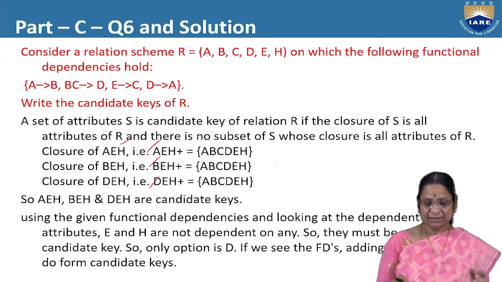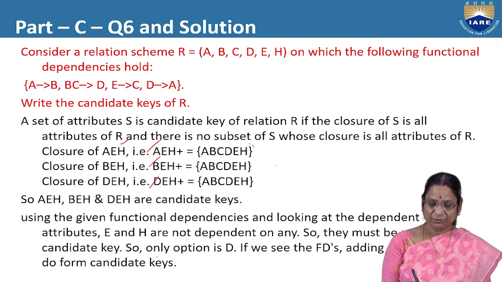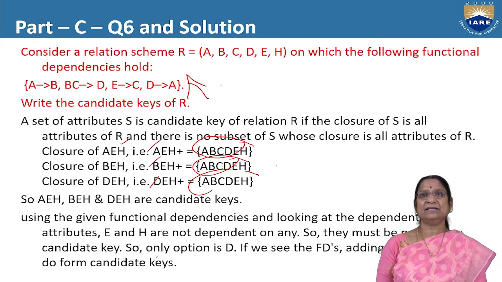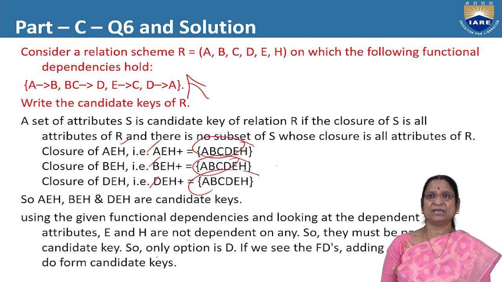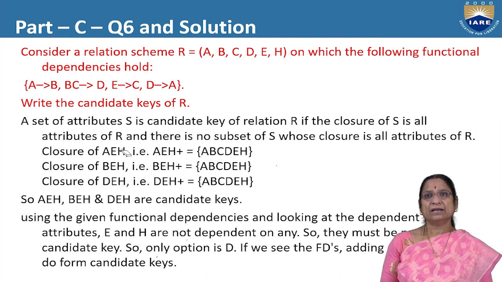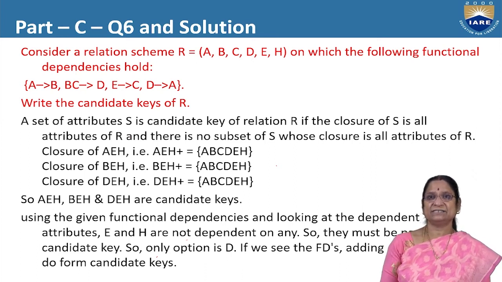This can be written in an elaborate manner, because we have to calculate the attribute closure by applying inference rules recursively or repeatedly and identify the attribute closure of A, B, C, D, AE, EH and AEH, BEH, etc. Attribute closure means that if the set of attributes determines the entire relation, then it is a key.